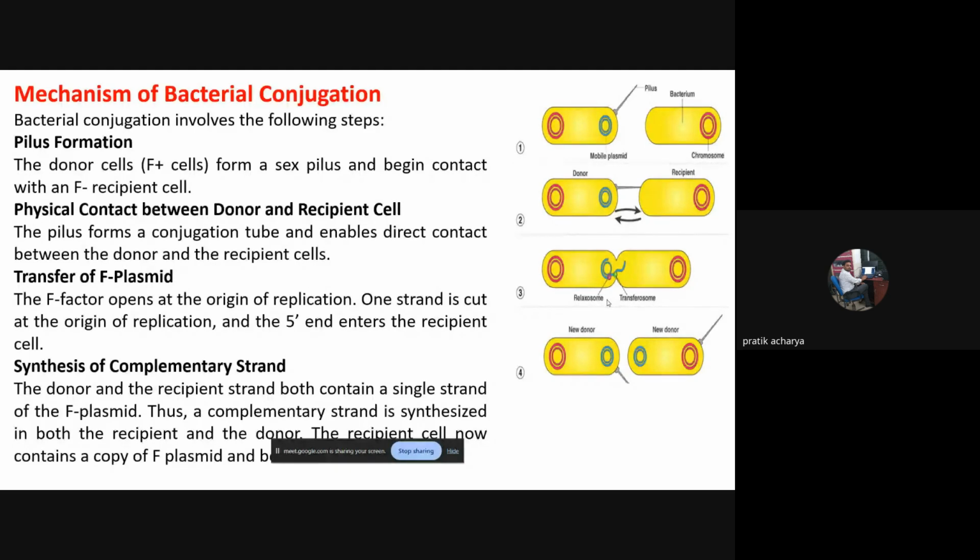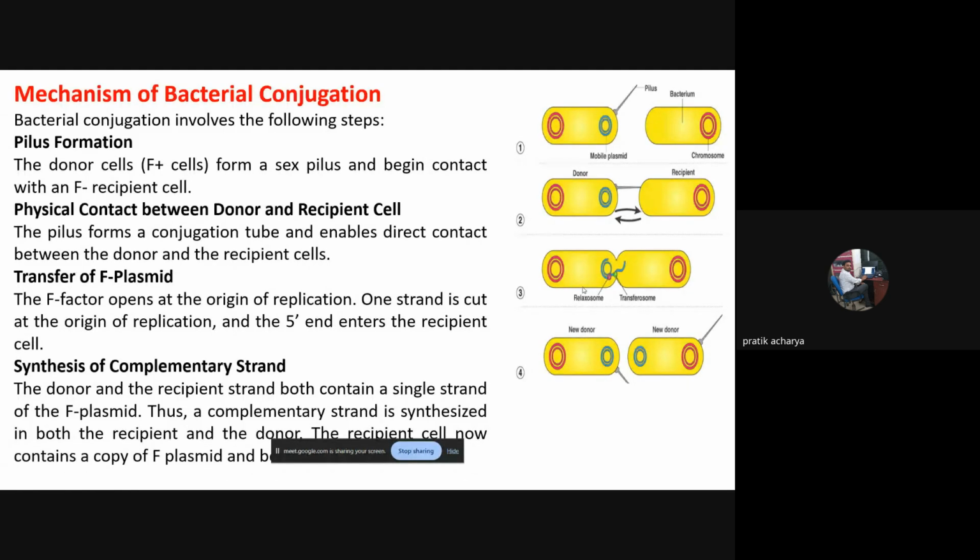It's a protein DNA complex that forms at the origin of transfer on a plasmid during bacterial conjugation. I have explained the origin of transfer, where a single strand is separated. It prepares the plasmid DNA for transfer to the recipient cell.